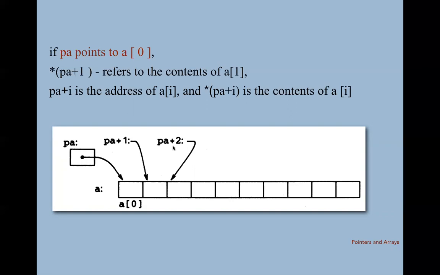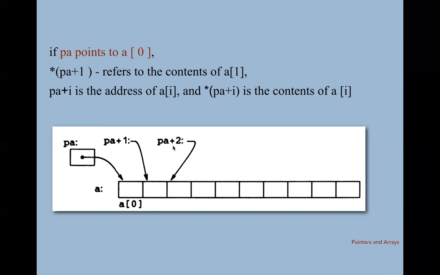So if ampersand A of 0 equals 1000, and A is a character array, and that is going to be PA, then PA plus 1 will be 1001, because PA is pointing to a character. A character occupies 1 byte, so PA plus 1 will increase by 1 byte. Is that clear? Okay, that's how your plus operator works with a pointer.